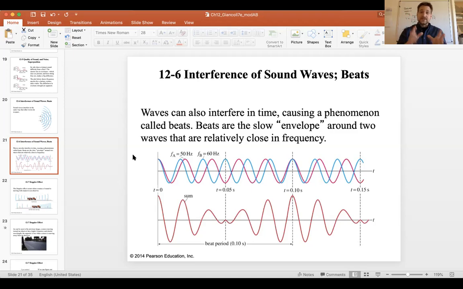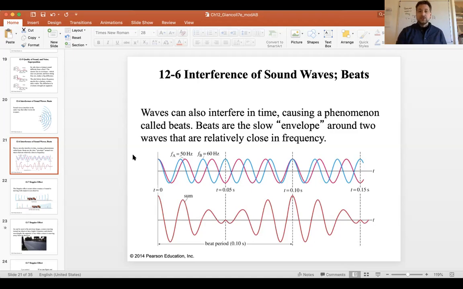But sometimes the slightly faster one will get to a point where the slower one has a minimum, a trough, where the fast one has a crest. And we end up with attenuation, a quieter sound than we have in either one. So we get these patterns of constructive and destructive interference as time goes on, and we hear that as beats or as frequencies out of tune.